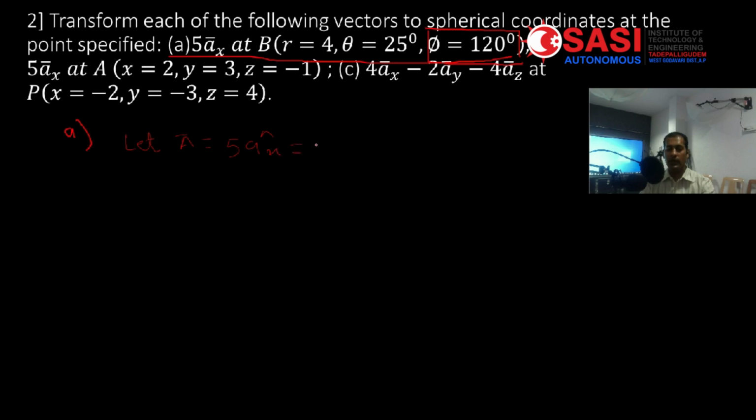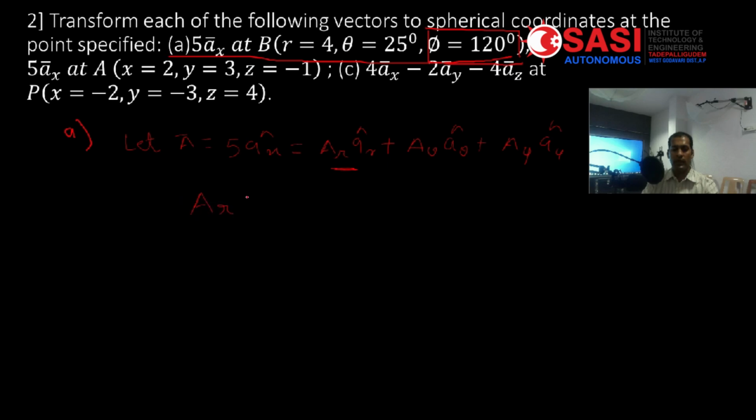We can write it in terms of AR magnitude and direction, plus A theta magnitude and direction, plus A phi magnitude and direction. Now we can solve for the different magnitudes.